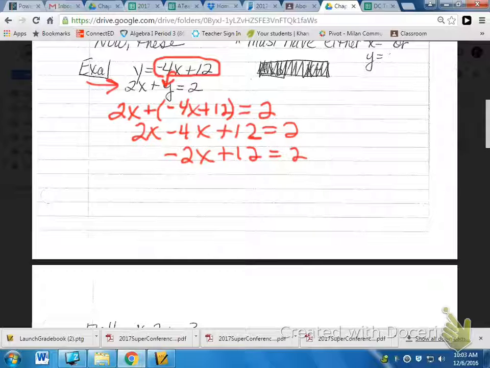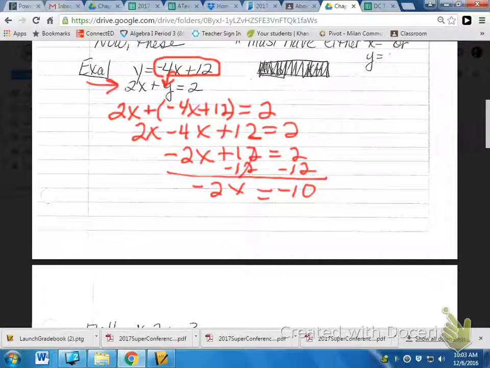I need to take the 12 over, so subtract 12. And negative 2x would equal negative 10. And then finally divide by negative 2, and you would find that x is 5.